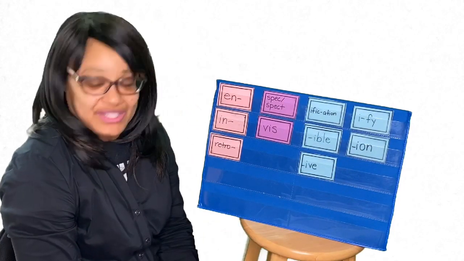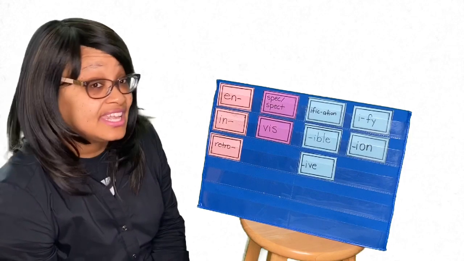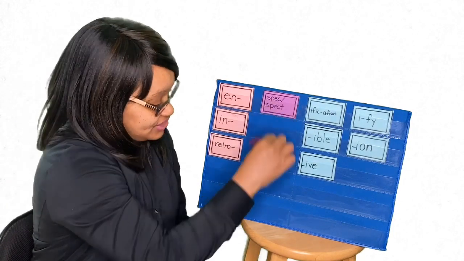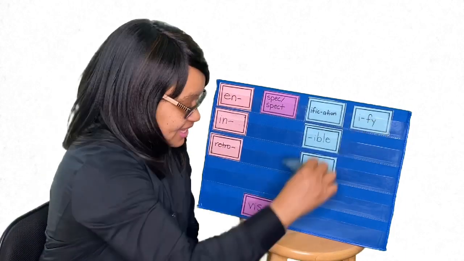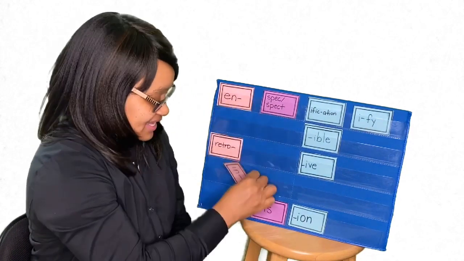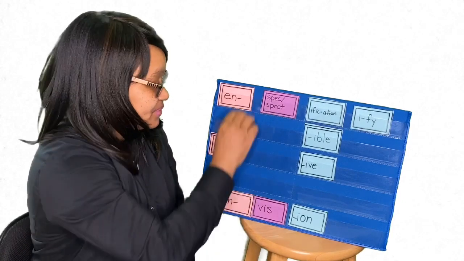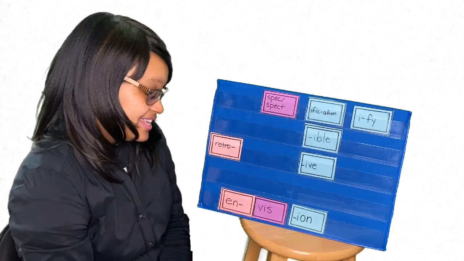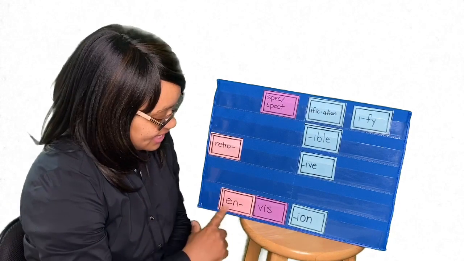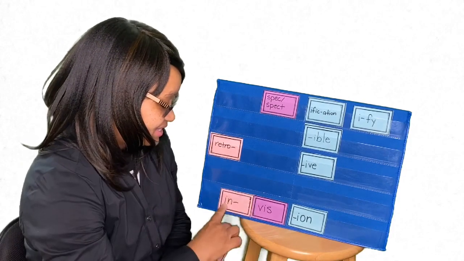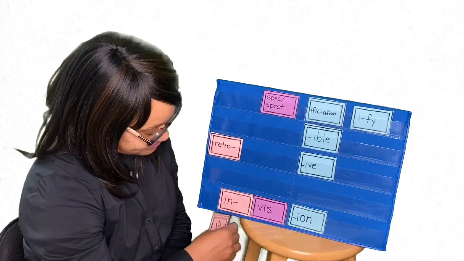Now let's see if we can make some words. Let's make envision. So we have vision, but now we have to figure out which in. Would it be in or en? Well, in this case, when you envision, it is en, because it's not in.